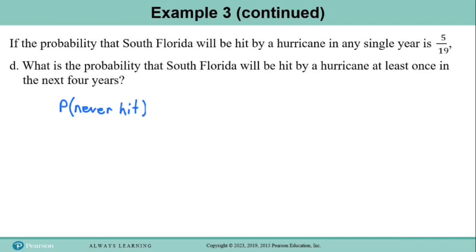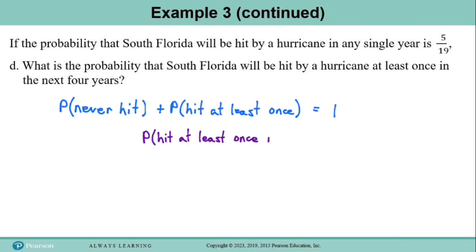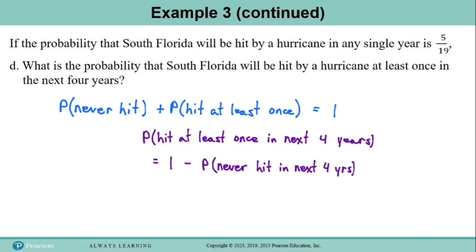So the probability that they are never hit plus the probability that they are hit at least once is 1. That means these two events are complements. And that means that the probability that they're hit at least once in the next 4 years is 1 minus the probability that they are never hit in the next 4 years. And we calculated this probability on the previous slide in part C.